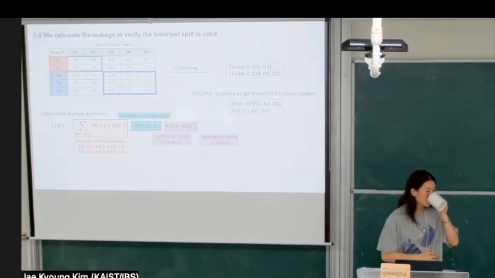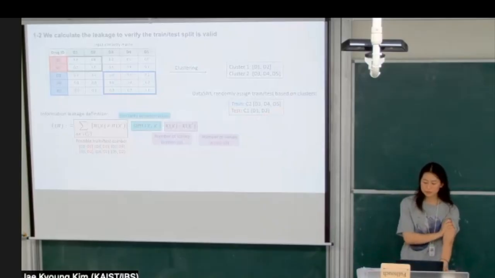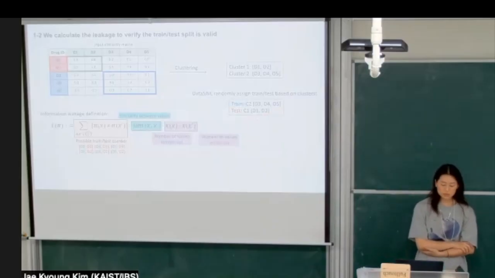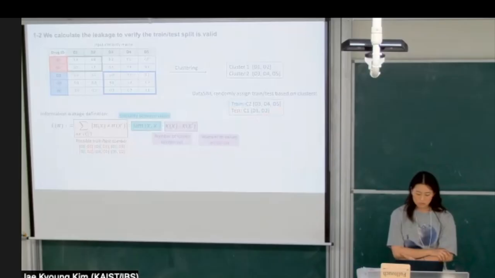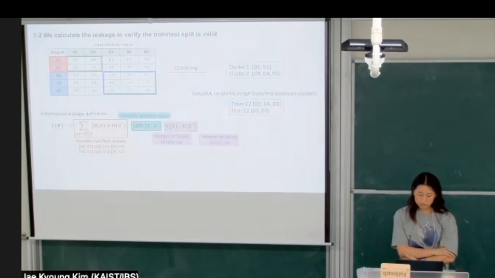So similarity makes sense, right? If they are similar between train and test, then leakage should be high. It's correct, right? But what about kappa x prime? Why is the number in each of train and test set? Why do we have to multiply them?